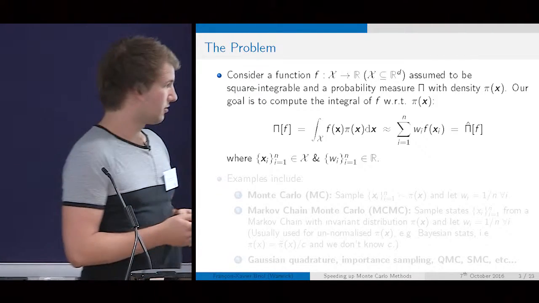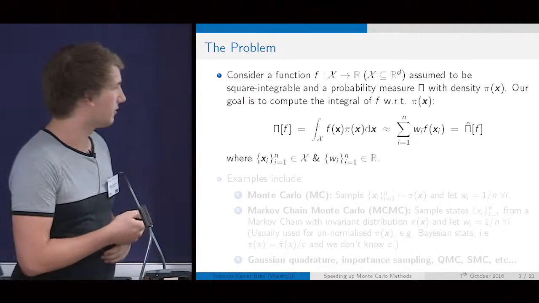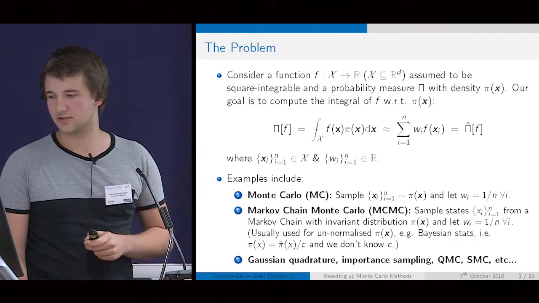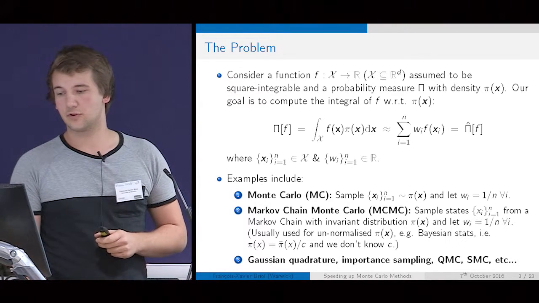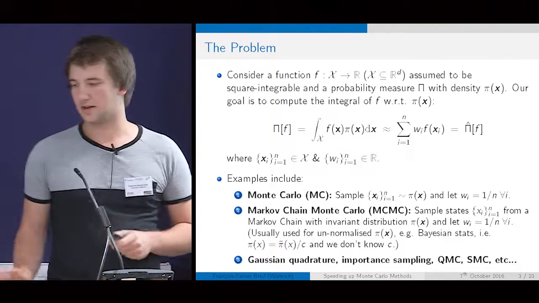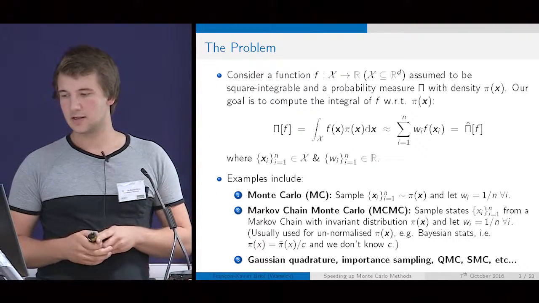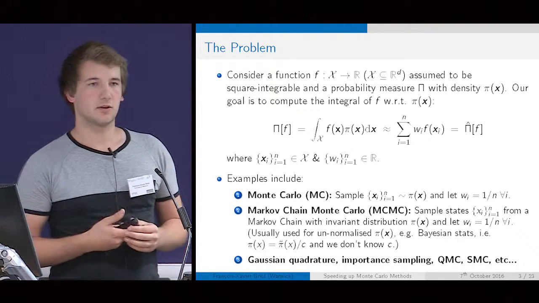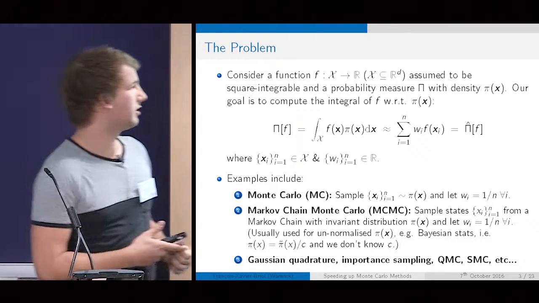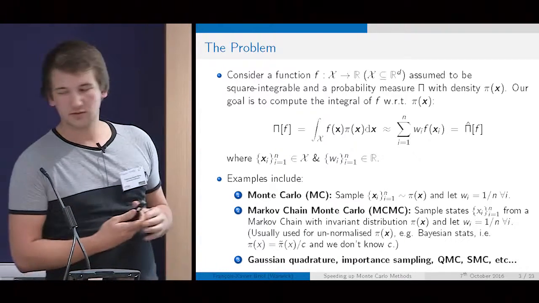Okay, so just to review a few basic ways of doing this, maybe you can use standard Monte Carlo. That would be just, I'm going to sample my points from the density, and I'm going to weight them all equally. And that's really basic. Maybe if you're in a Bayesian context, well, you run into the trouble that you don't actually know the normalizing constant of pi.